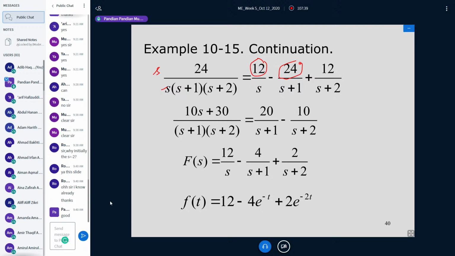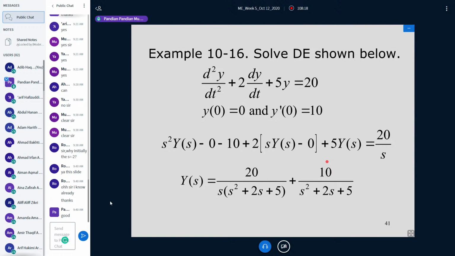So I already got this. The last one, s plus 2, left with s plus 1, so I take s minus 2. Here minus 2, minus 2 plus 1, minus 1. Minus 1 times minus 2, 2. So 24 divided by 2, 12. You see, very powerful. So similarly, 10s plus 30, this part.